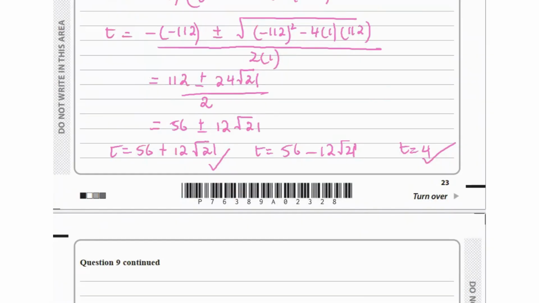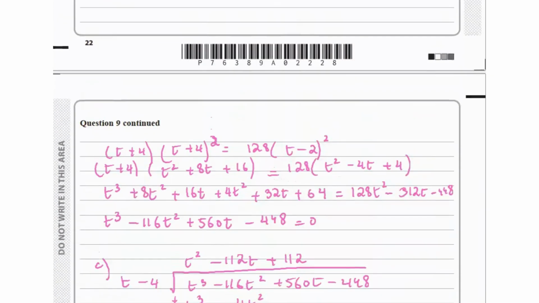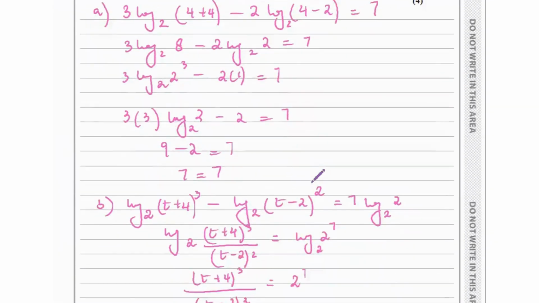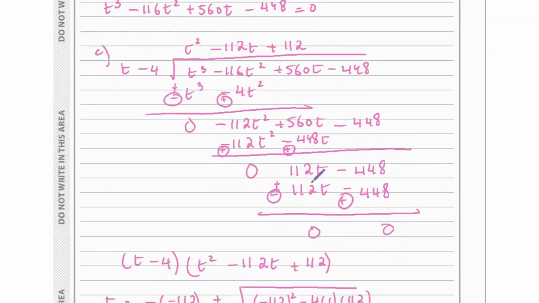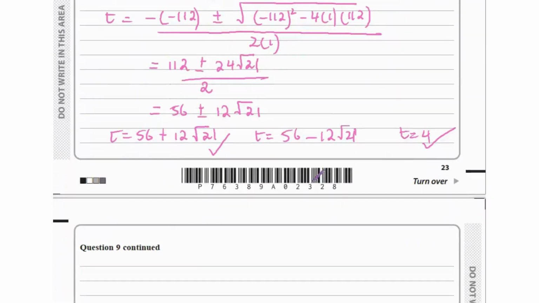The reason why we cannot use 56 minus 12 root 21 is because if we convert this into decimals, that's 1.01. And if we go back to the equation, 1.01 minus 2 is going to be negative, and log of a negative number is not possible. Hence, the only two solutions are going to be t equals 4 and t equals 56 plus 12 root 21. That's your answer.